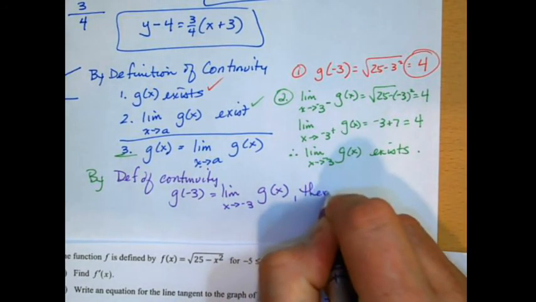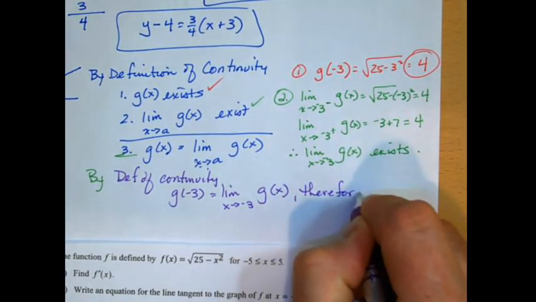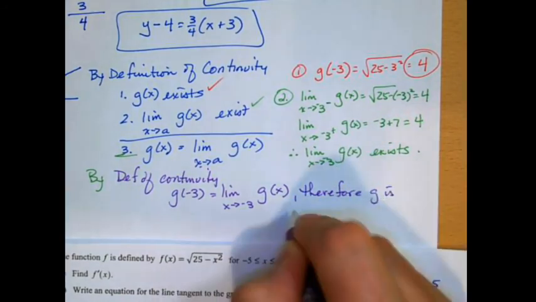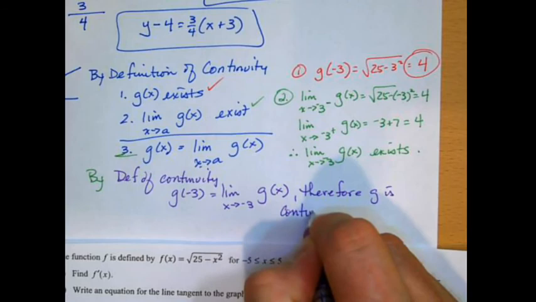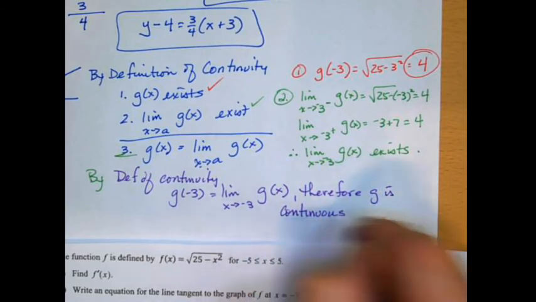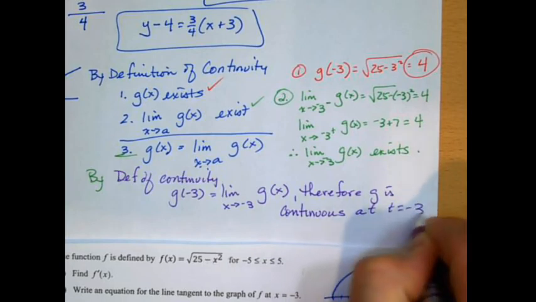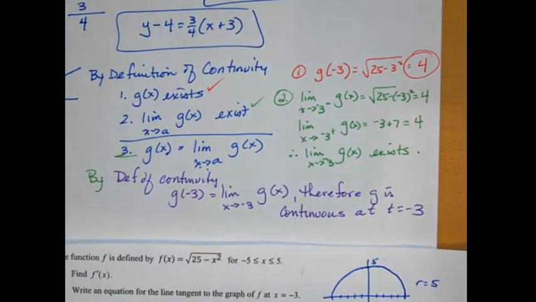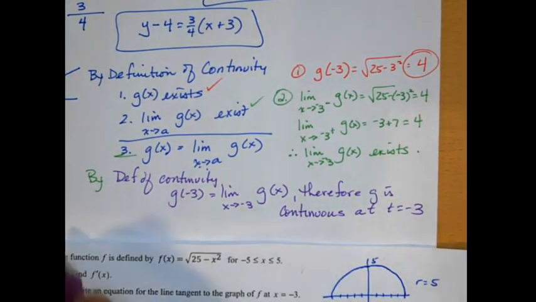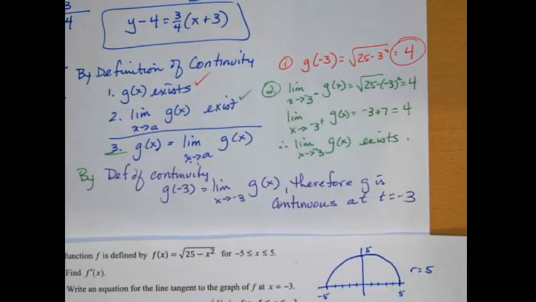Therefore, g is continuous at x equals negative 3. Okay.